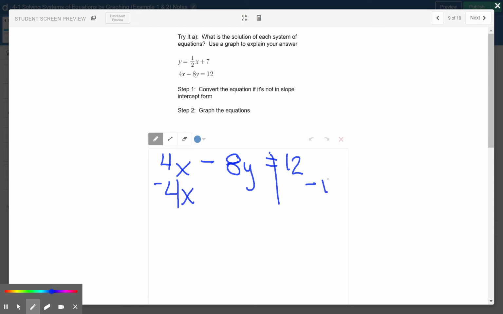Minus 4x on both sides. Remember the negative sign, that negative 8y equals negative 4x plus 12.